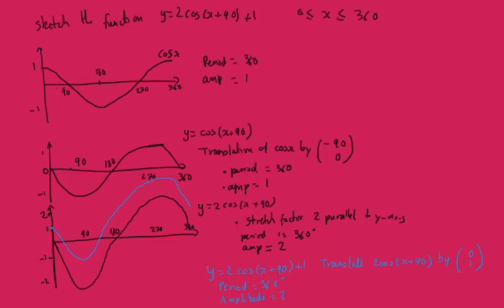Okay, we're going to do a couple more examples. So if we've got f of x is 3 cosine 2x for 0 less than or equal to x less than or equal to 360, what are the period and amplitude?